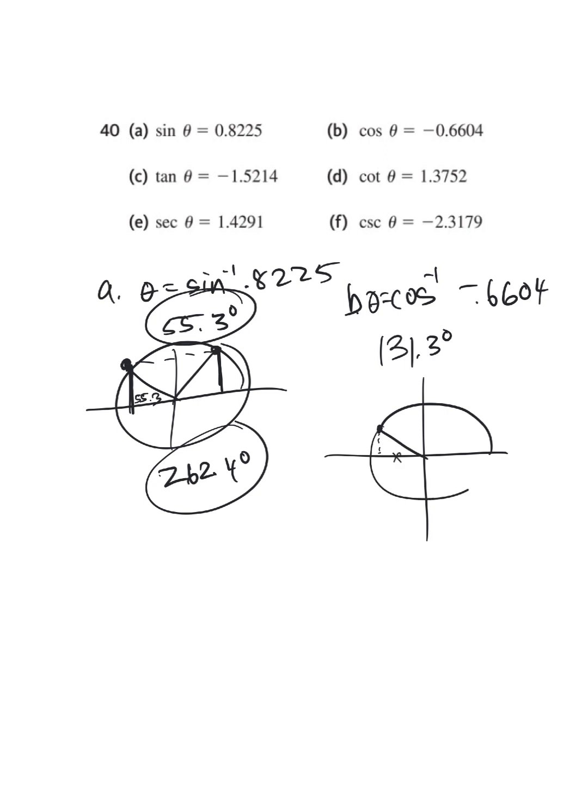And also right there will give you the same x value. So we need to go this direction, 131 degrees. So 360 minus 131.3 is 228.7 degrees. All right, B, the arc C. C is, theta is the arc tangent of negative 1.5214.